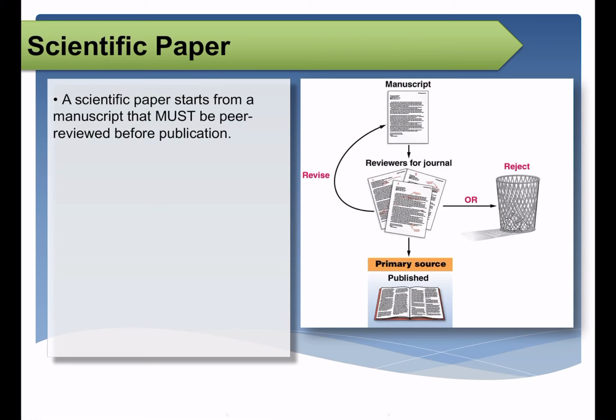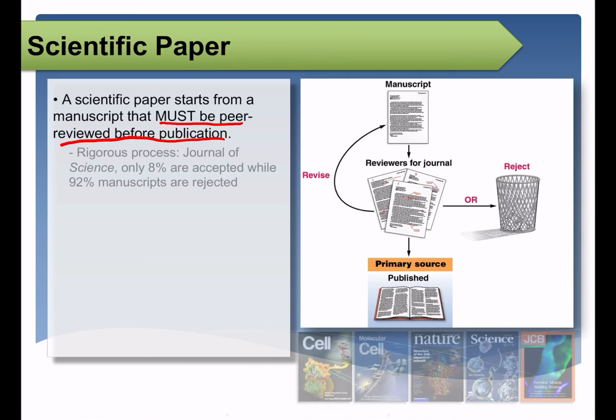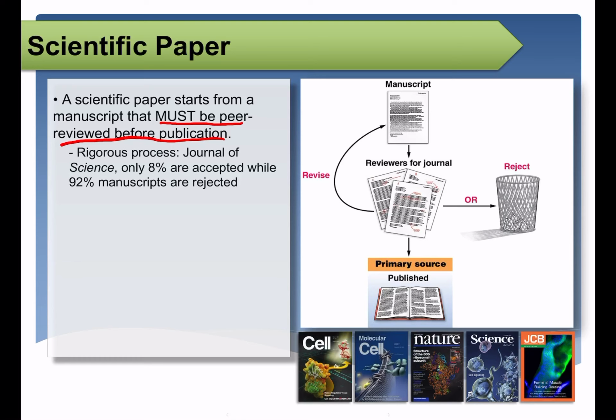In addition, a scientific paper before official publication is just a manuscript that must be peer-reviewed before publication. This reviewing of the manuscript is usually done by other scientists that are experts in that particular field of study and is actually a very rigorous and long process that a manuscript has to go through.